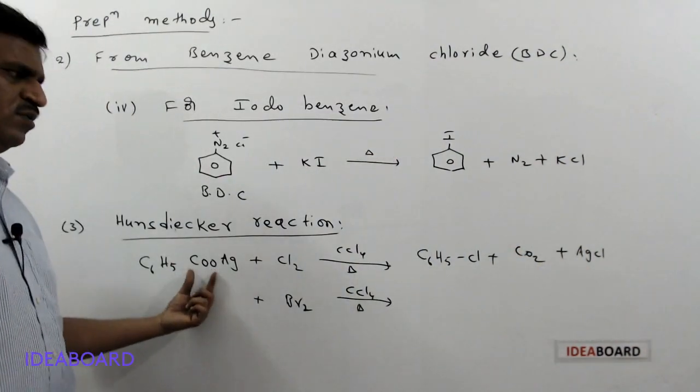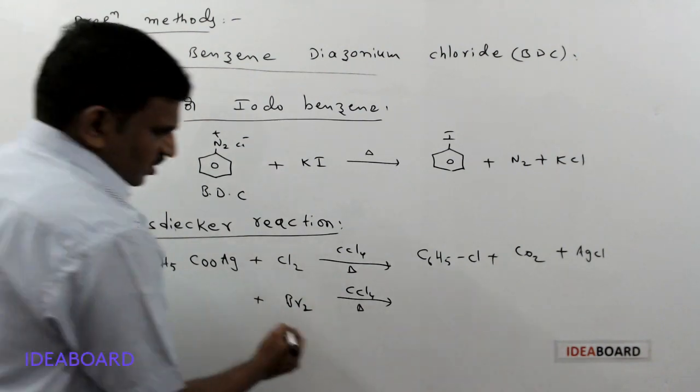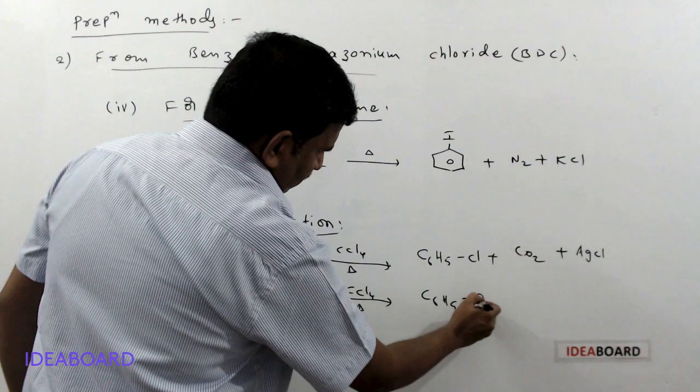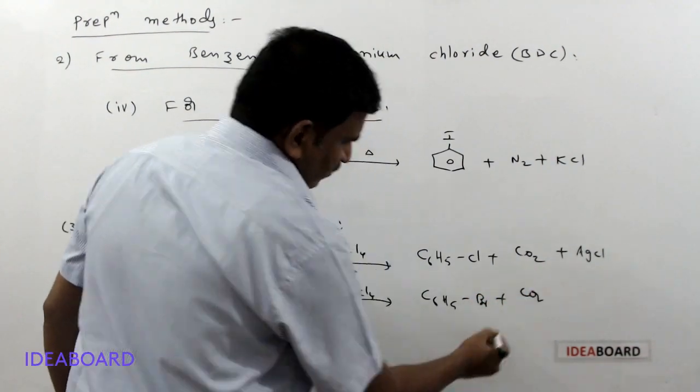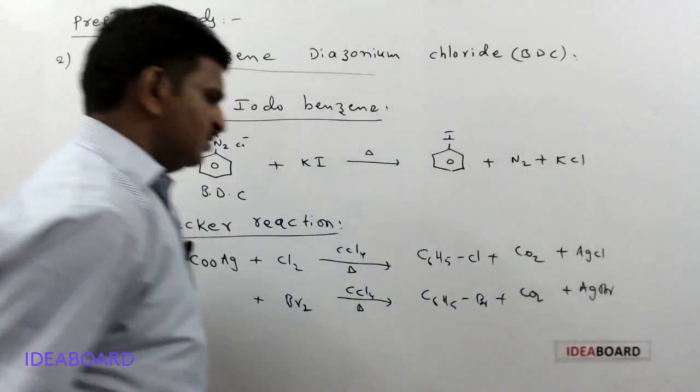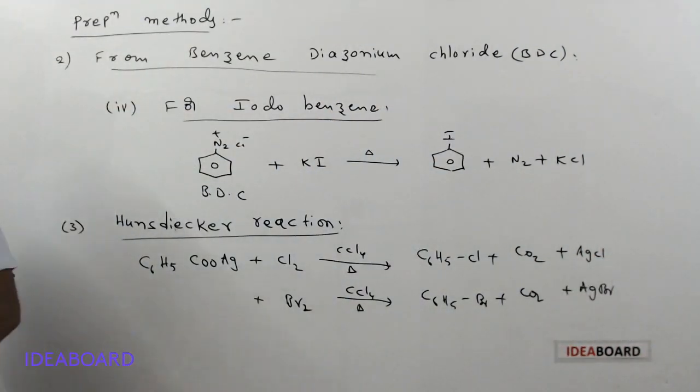CO2 gas is released. Similarly, with bromine, you will get C6H5Br plus CO2 plus AgBr.